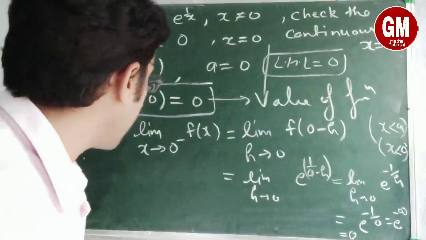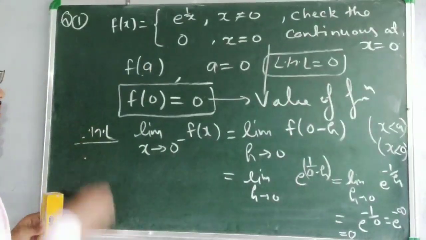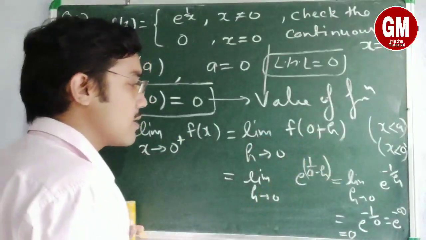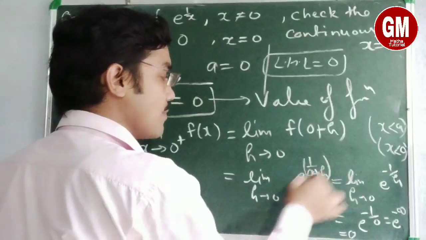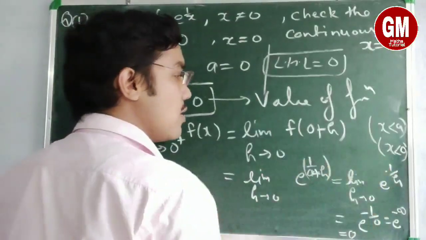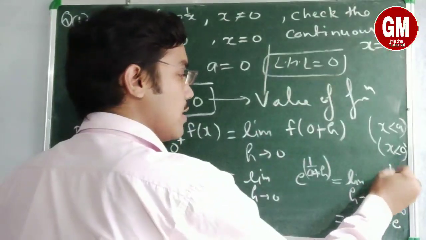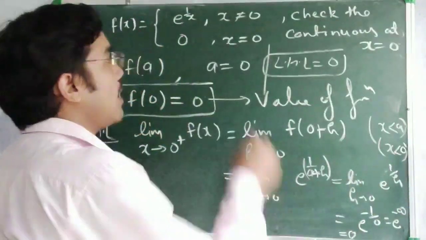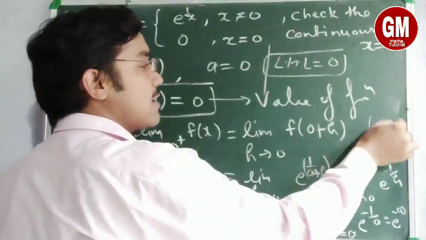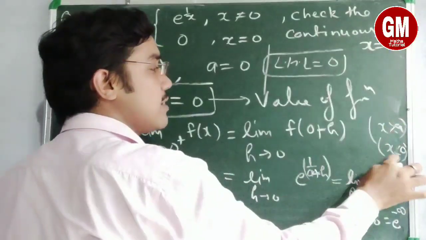Now let's check the right hand limit. What is the right hand limit? As we know by definition, this is 0 plus, that is 1 by 0 plus, and this is 1 by h. And what is the value when we take x greater than a, meaning x greater than 0?